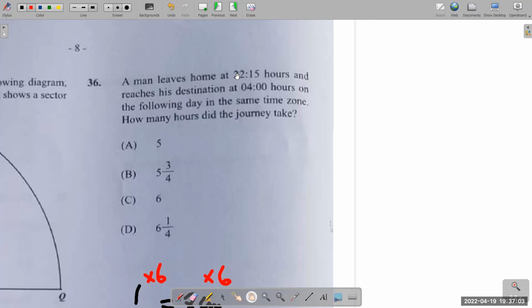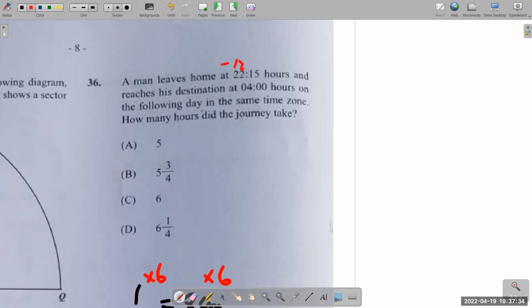It's 10:15. How did we get that? If you subtract 12 from it. And you know what, you can't just tell me 10:15, you have to say AM or PM. Whenever you use a 12-hour clock, you must say AM or PM, okay? Everybody with me? So it's PM. Okay, good.